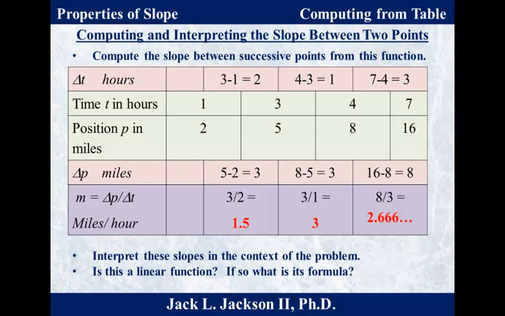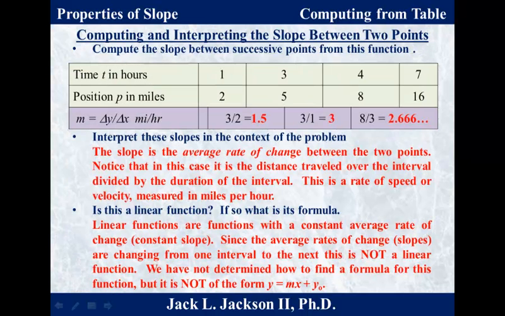So, did these agree with the numbers you came up with? How do you interpret these slopes now? Well, these slopes is the average rate of change between the 2 points. So in this case, it's a distance traveled over an interval divided by the duration, or length of time, for the interval. So this is a rate of speed, or maybe velocity, measured in miles per hour.